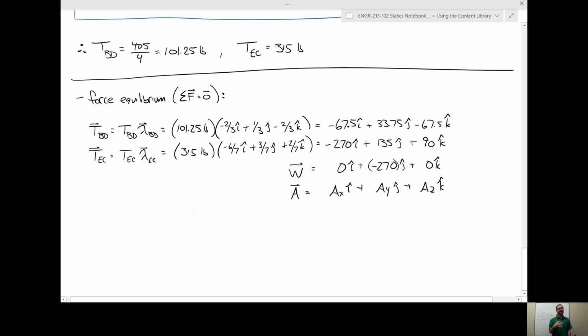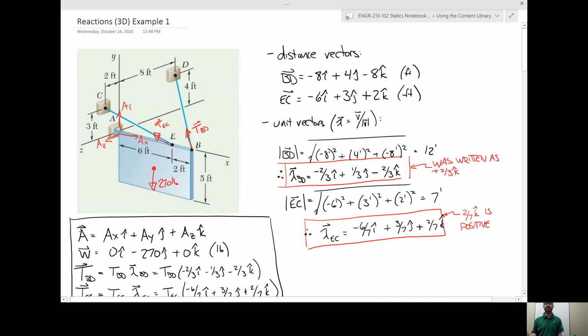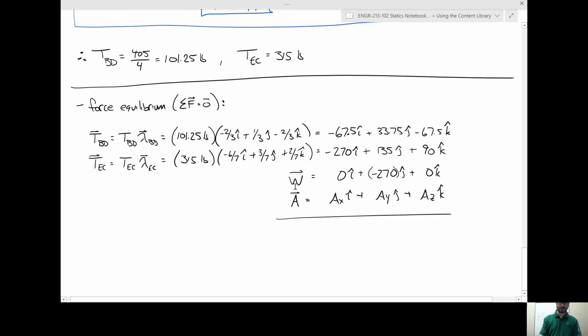And what you'll find is that this is actually, at least with a problem like this, the easiest one to solve, because if we go back to the very beginning, there were 5 unknowns. We already solved for the 2 tensile components of the cables. So we only have 1 unknown in the X direction, 1 in the Y direction, and 1 in the Z direction remaining. So this is actually pretty simple.